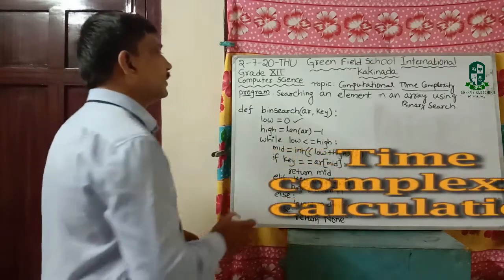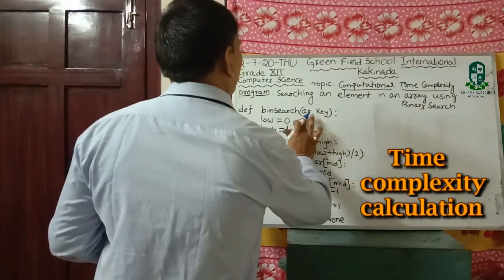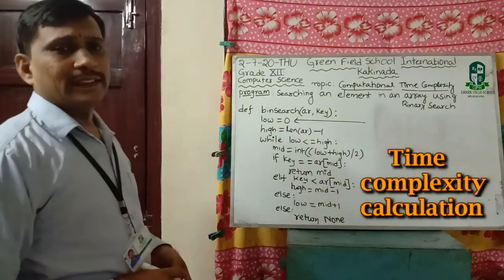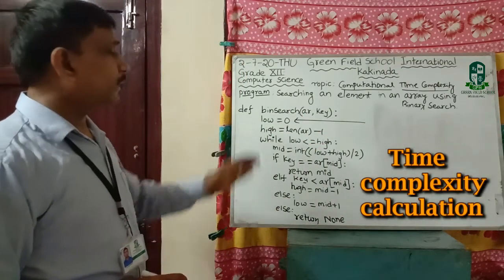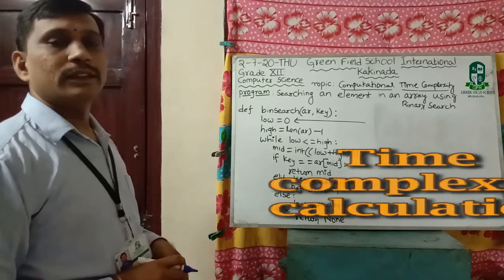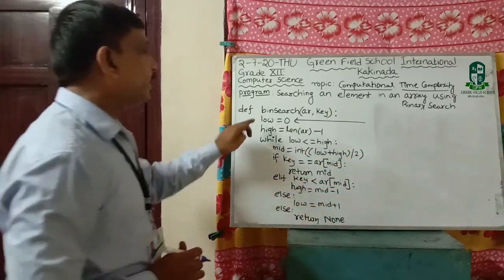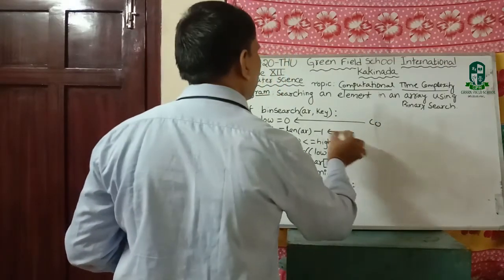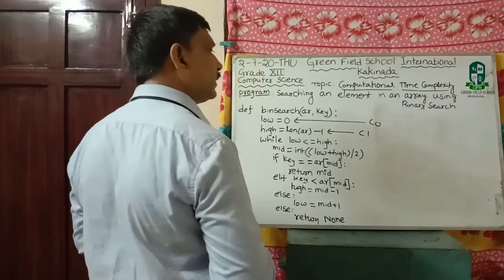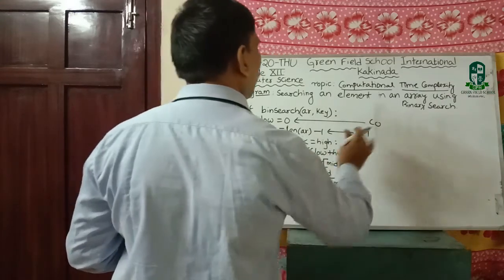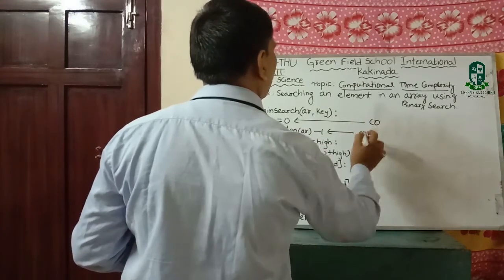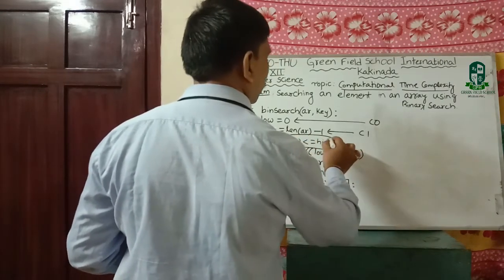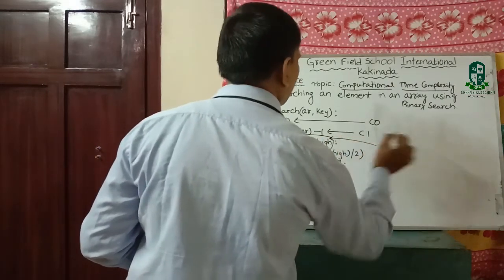See here, we assign constant time for every statement in the program. So this one is C0, this one is constant time C1. Here this one is a condition, so we set it to C2.